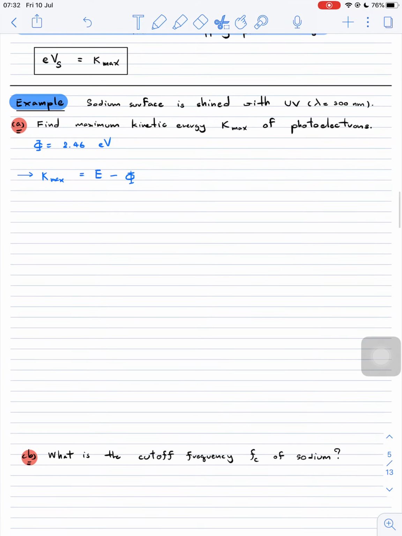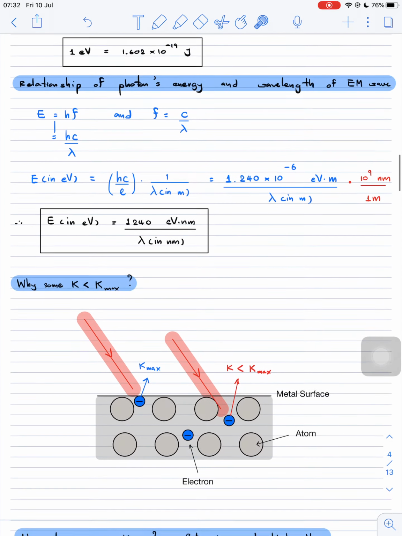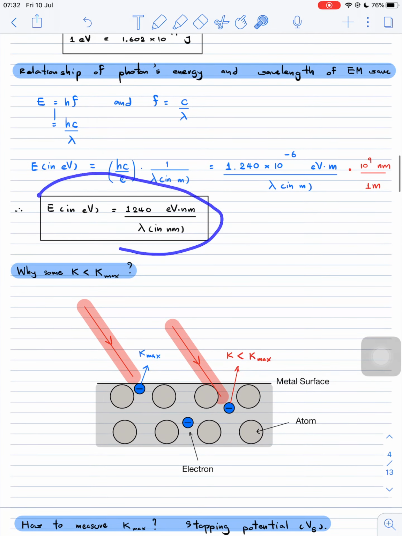Now we know the wavelength of the photon, and we just want to find the energy. Let me use this equation to solve for the energy.